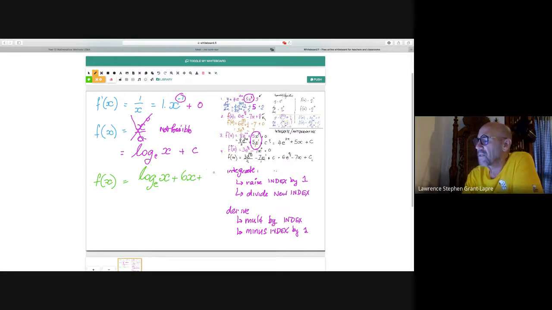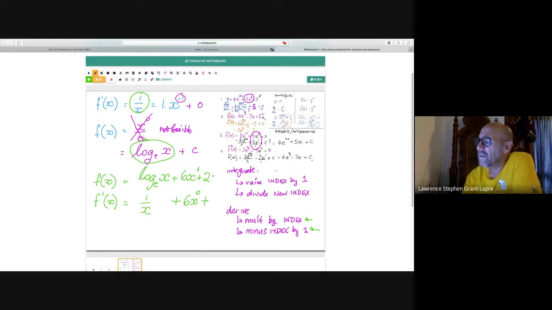6x plus 2, what is the derivative? Well, if the antiderivative of 1 over x is log x, then the derivative of log x to base e is 1 over x. And the derivative of 6x to the power of 1: 1 times 6 is 6, and you drop the 1 down by 1, so you've multiplied by 1, and now you've minus 1, you get x to the power of 0.